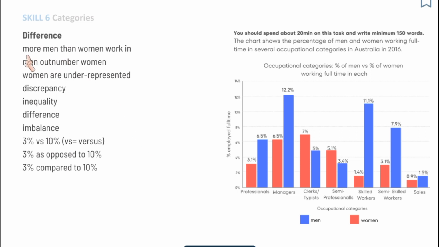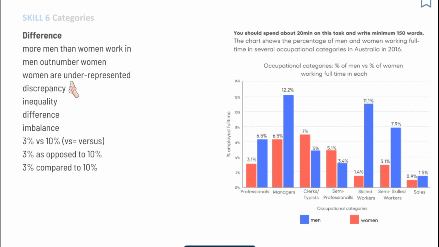We can go with a phrase like this. So more men than women work in, for example, sales. We can use the verb outnumber, like men outnumber women, meaning there are more men than women. We can also go with a very nice phrase for this situation.